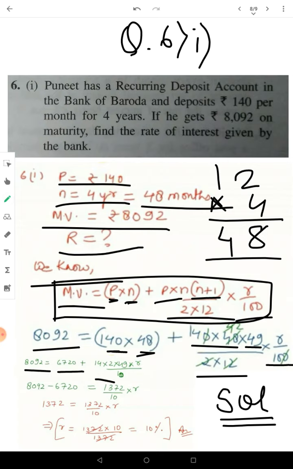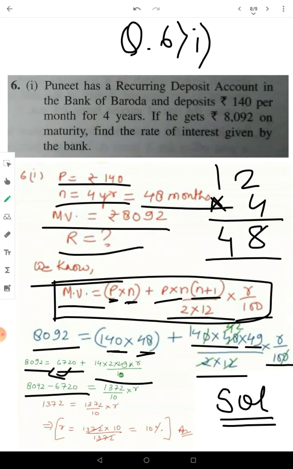6720 plus 140 into 12 into 49 into R upon 100... so that will be 8092 minus 6720. This goes here, that's why it is minus. We subtract it.